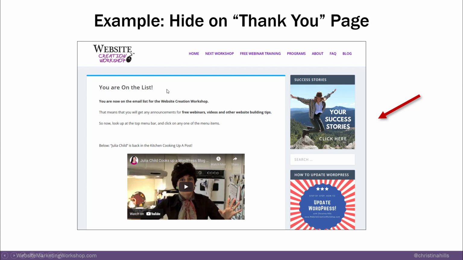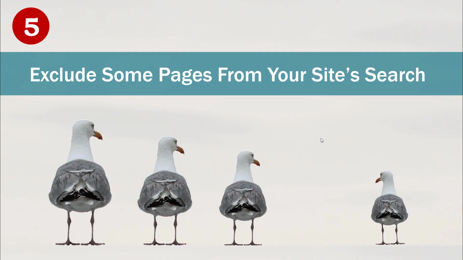Once you opt in, it says you're on the list, and then there's a little video of me spoofing dressed up as Julia Child, so you might want to try that out. So that is an example of Widget Options, and it's very easy to use, and you can hide things on certain pages. All right, so let me keep going.